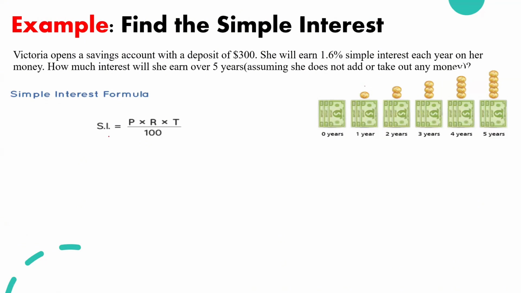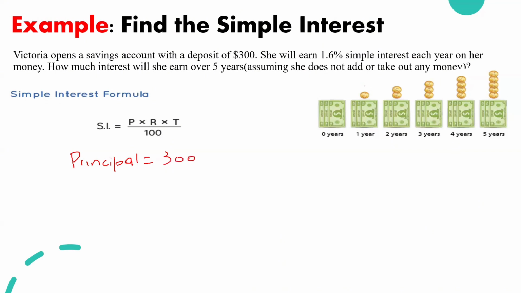In order for us to use this formula, as I said before, we need to know the principal. Looking back at the problem, it says she opens an account with a deposit. So the money that she deposits in the bank would be her principal, because she is investing that money.